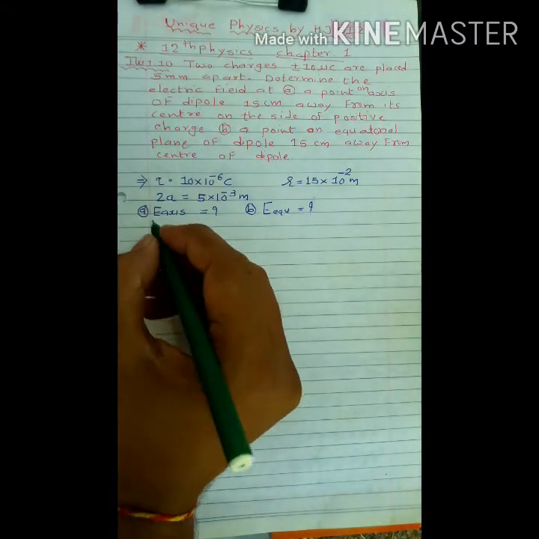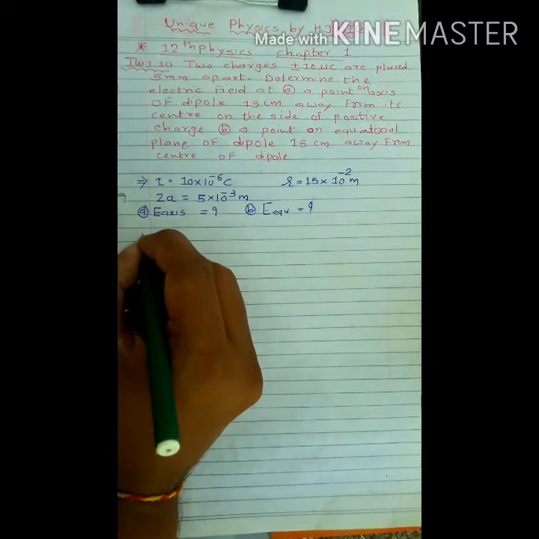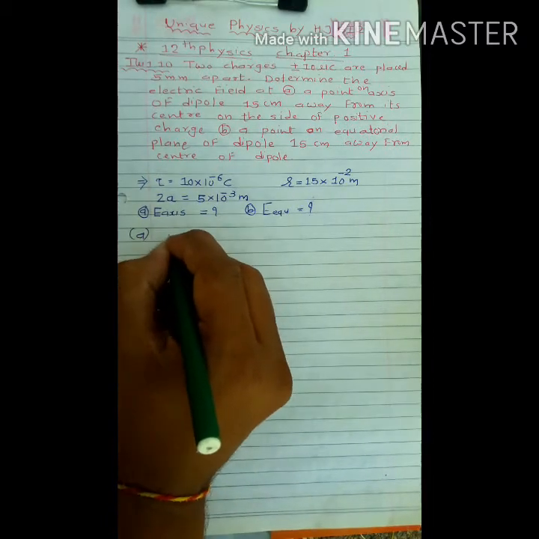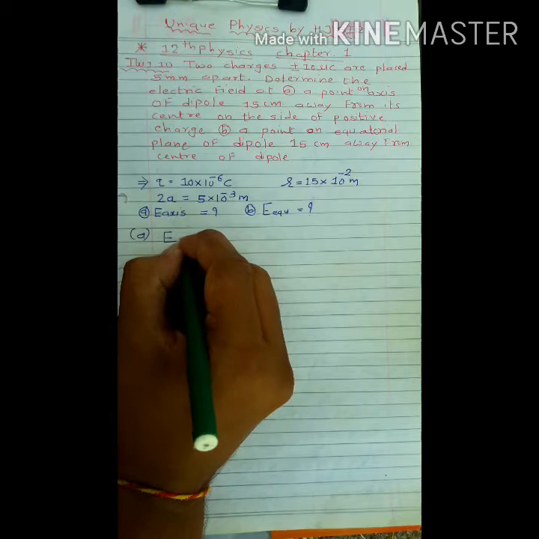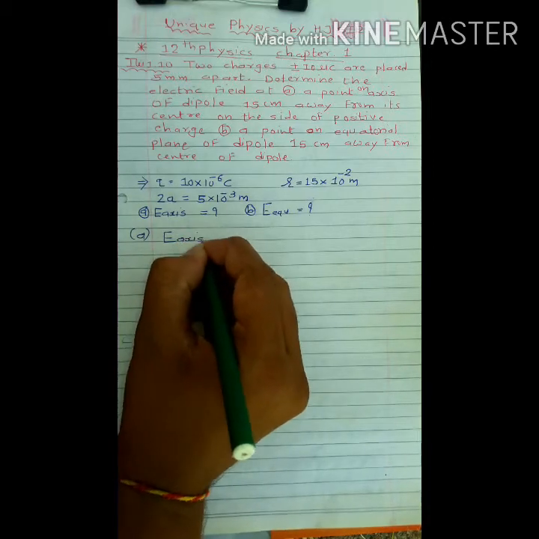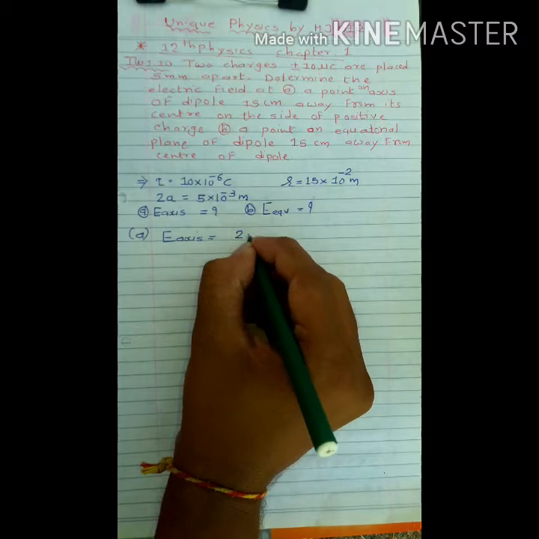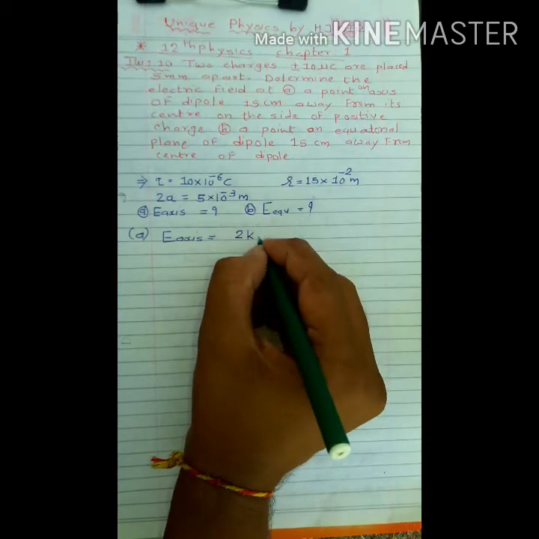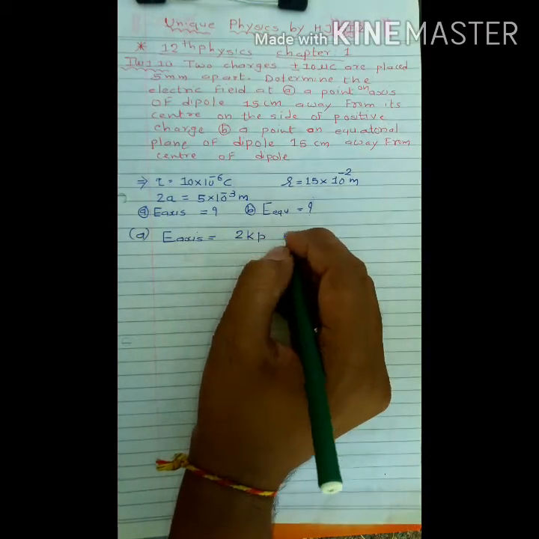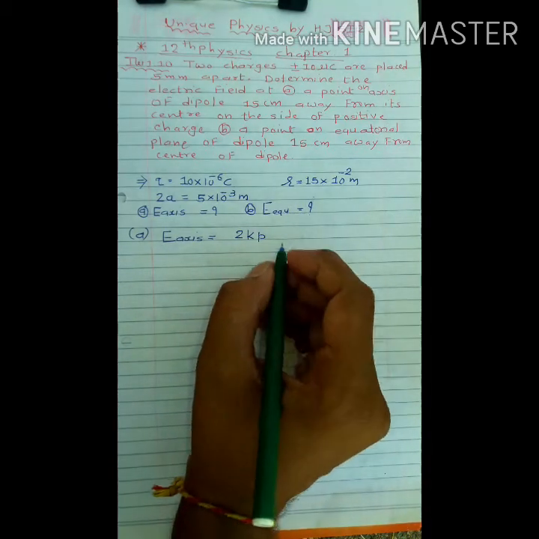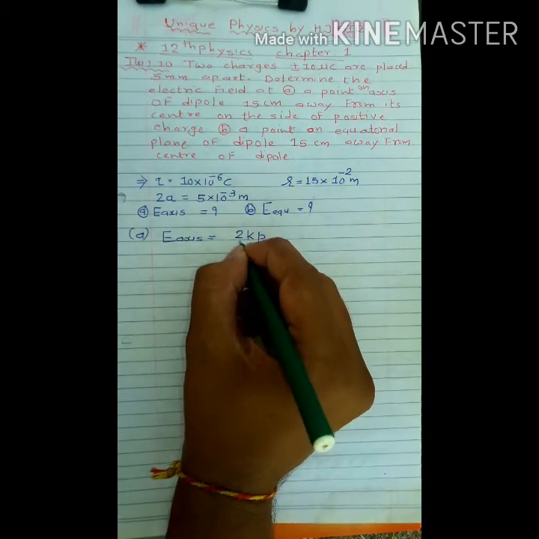First of all, we use the equation of electric field on the axis of a dipole. This is a standard equation, which we discussed last time. So the electric field on the axis of a dipole is given by 2kp upon r cube.